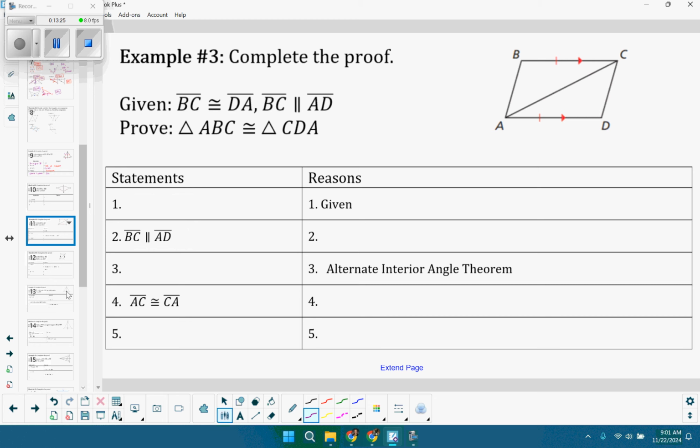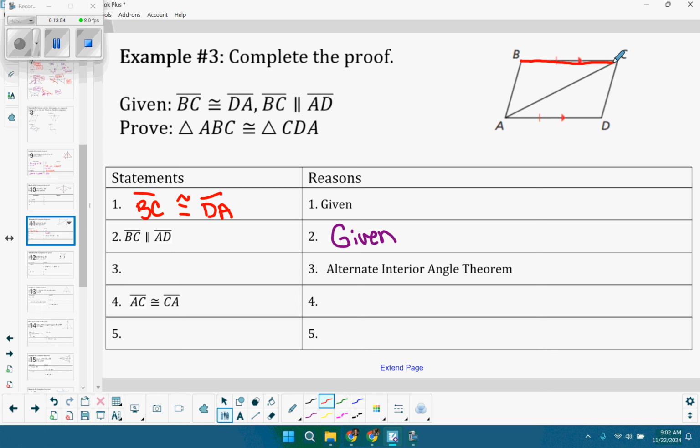For example 3, I'm given 2 givens again. BC being parallel to AD is listed in step 2. So we would include the other given from step 1. Segment BC is congruent to segment DA. If I know I had lines that are parallel, I'm using angles that are congruent, and they specifically said the alternate interior angle theorem.